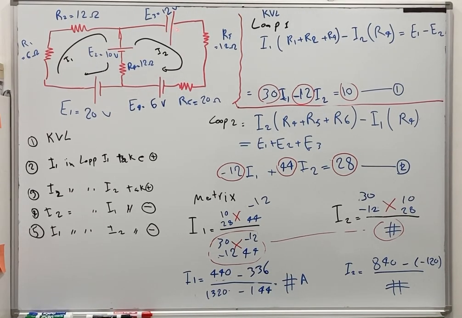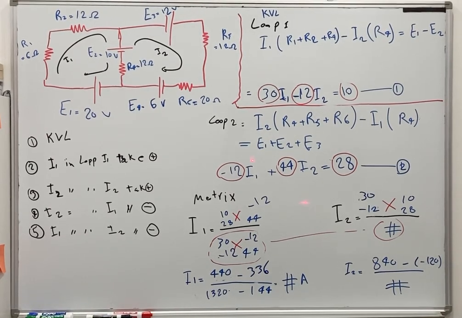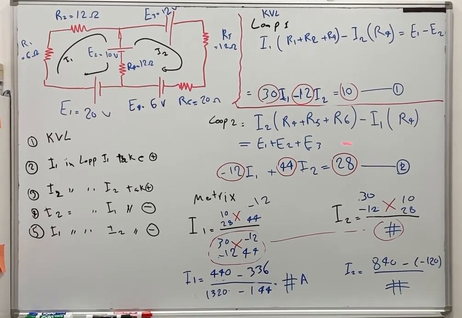Why is it clockwise? Because it's positive on the right side, negative on the left side. So the current is going this way, the same direction as I2 that we assumed already. Okay. So all of them will take plus or positive. So E1 plus E2 plus E3 will be on the other side of the equation.